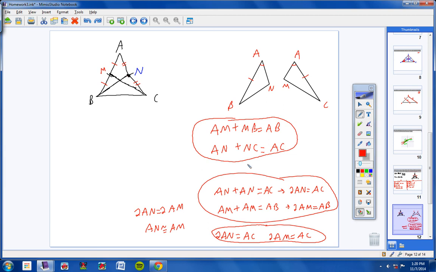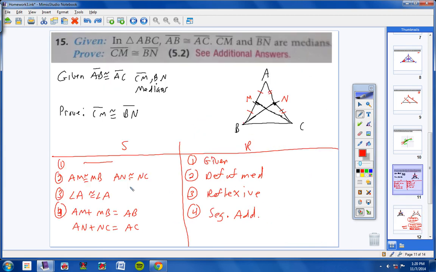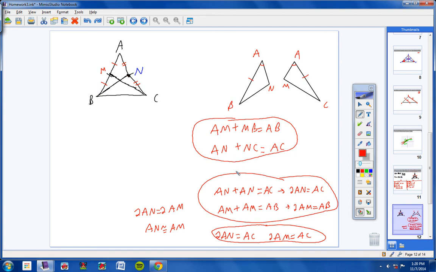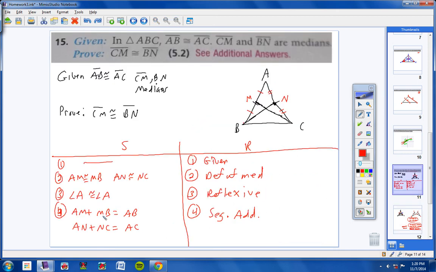All right, for NC, I can put AN because NC equals AN, and for MB right here, I can put AM because MB is congruent to AM. Okay, so I am going to erase some of this here to give me some room, guys.